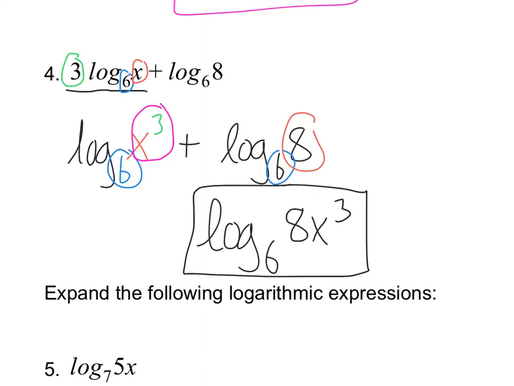And there you go. Even if there are multiple steps, no big deal. Take it one step at a time and combine them. Yes, you could have written it as x to the third times 8, but no one writes it like that. That usually goes right up front.